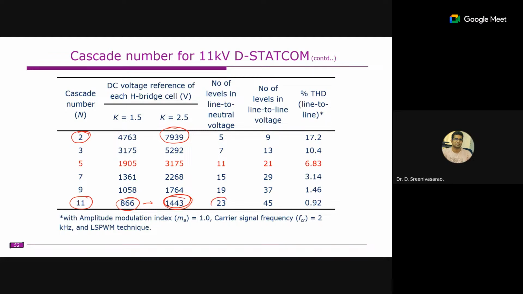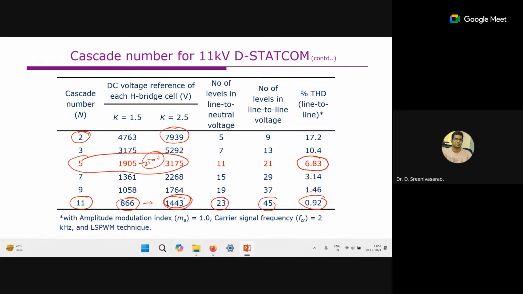You'll get the 23 levels here, the number of levels of the phase voltage, and this is the THD here, right? So I selected this one, somewhere around 2500 volts, so we can maintain the capacitor voltages. And I got a THD for this design, maybe you will get some 6.83% THD also.